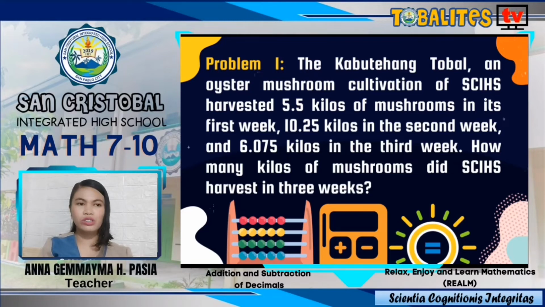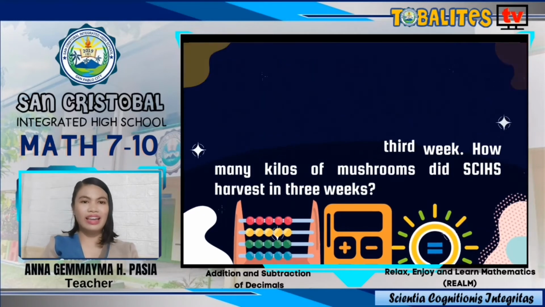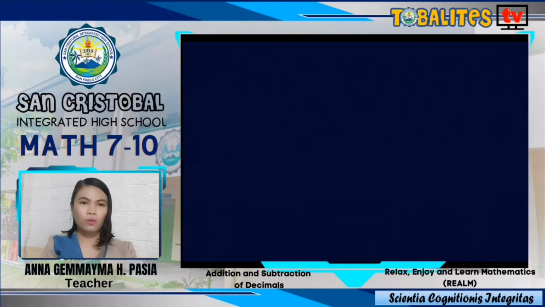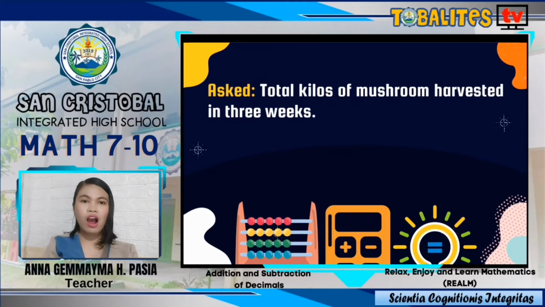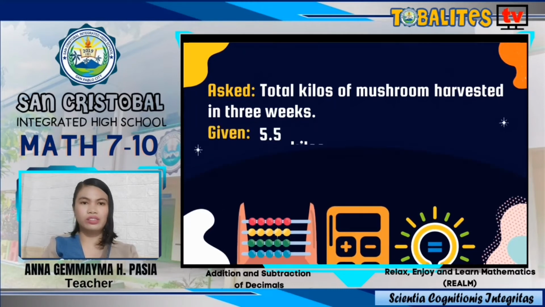How many kilos of mushroom did San Cristobal Integrated High School harvest in 3 weeks? Let us identify what is being asked in the problem. It is the total kilos of mushroom harvested in 3 weeks.